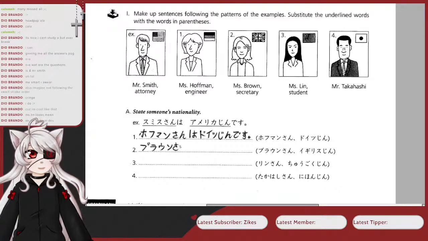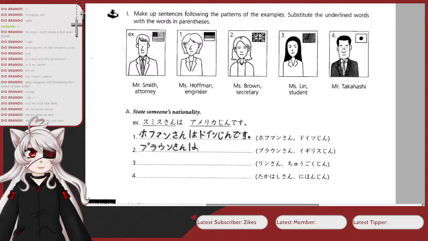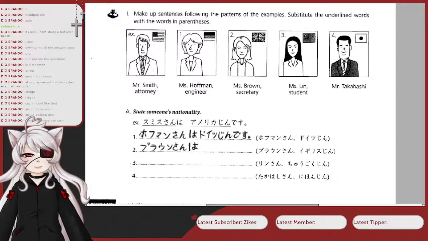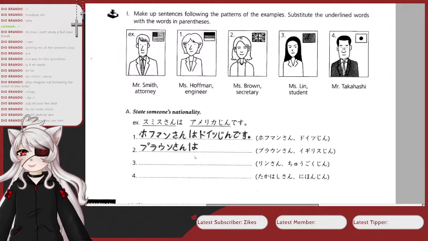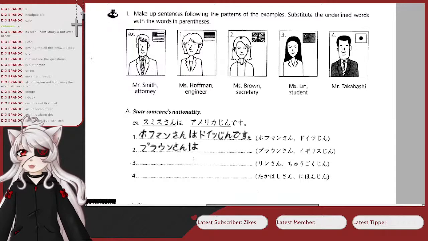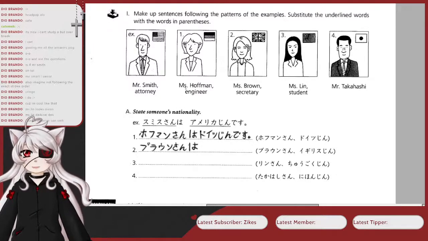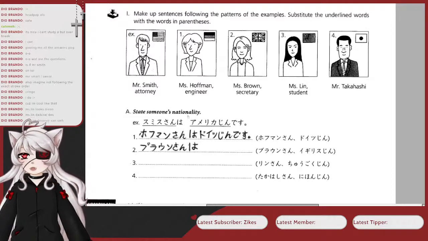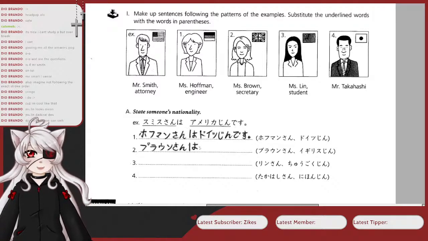Brown-san. Oh god. Then what? Doesn't deserve. I mean, to say. But you still said Mrs. Why did you give the English form of the formalities?